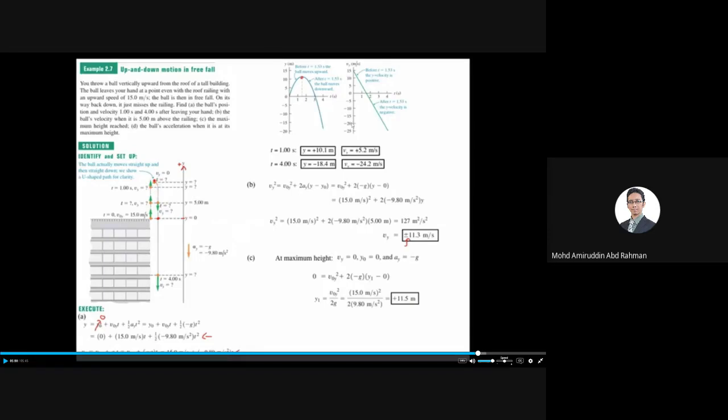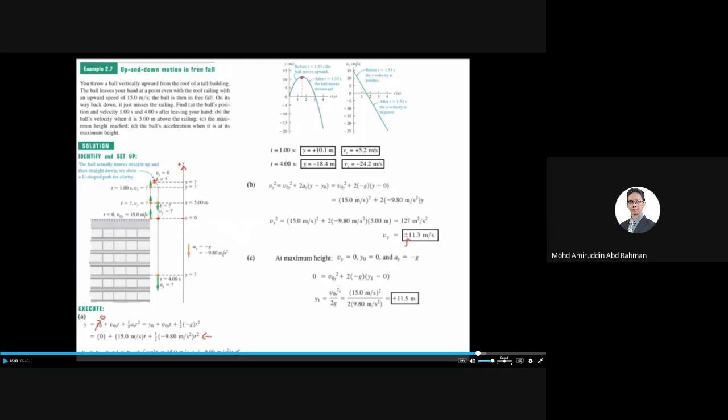So basically you look at the graph on the right side with the green straight line, at a point around 1.5. That's where Vy equals 0.